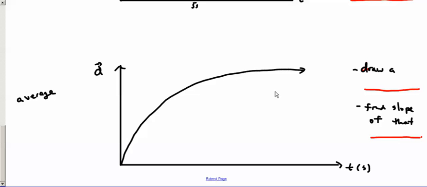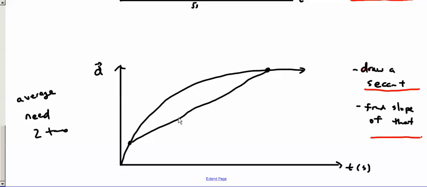If I'm asked for average, I said before, we need 2 times given. So let's say it's here and here. What I do here is I draw a line between these 2 points, and I'm going to do my best to draw a straight line between these 2 points. This thing here is called a secant.